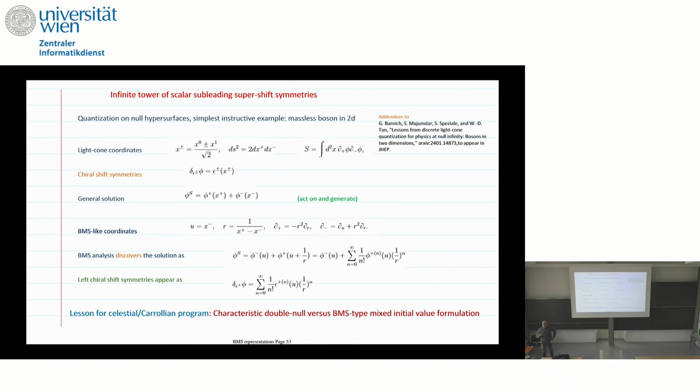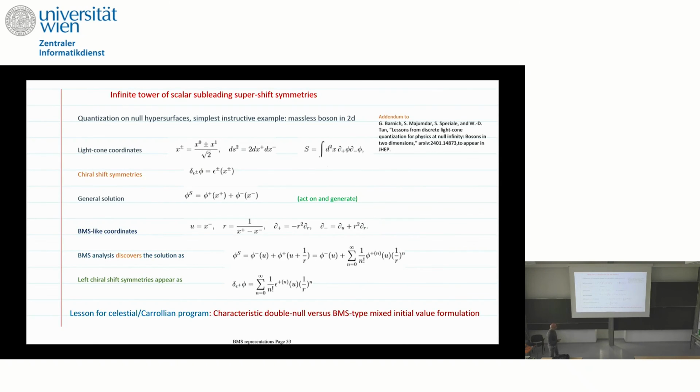So you see that this is clearly not the right way of doing the problem. The right way is explained as an example in the thesis of Smallwood about the mixed characteristic initial value problem, where he takes this same example to illustrate why it is better to do double null.